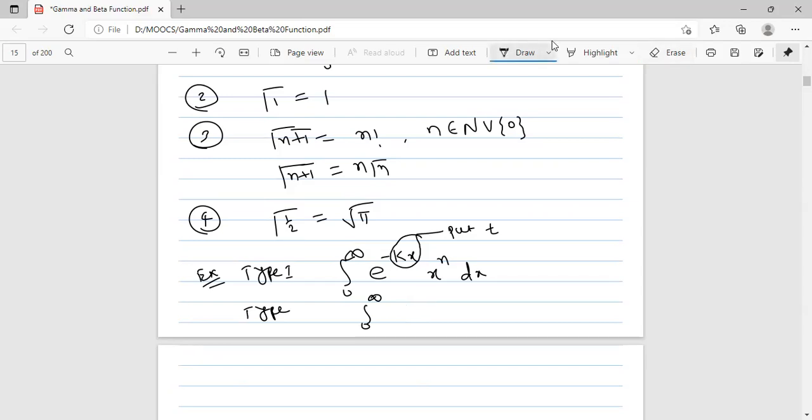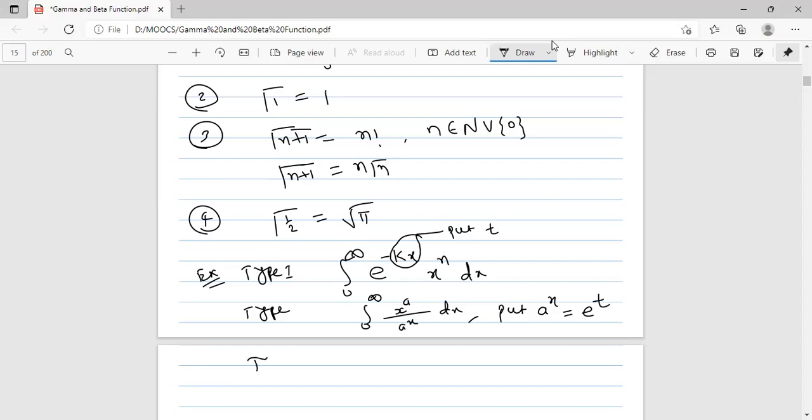maybe this type x raised to power a divided by a raised to power x. In this case, we have to put a raised to power x is equal to something e raised to power p, and then this.